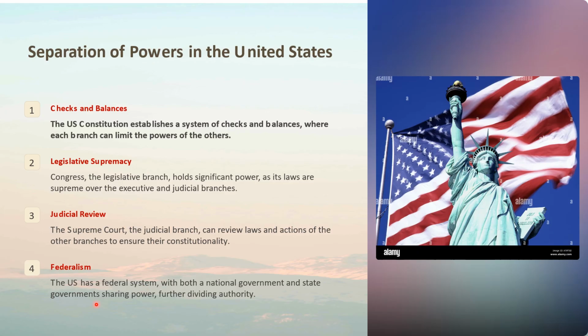The US has a federal system with both a national government and state governments sharing power, further dividing authority. So power divided between federal and state governments promotes balance and accountability. So the separation of powers is essential for effective governance, accountability, and protection of individual rights in the United States of America.